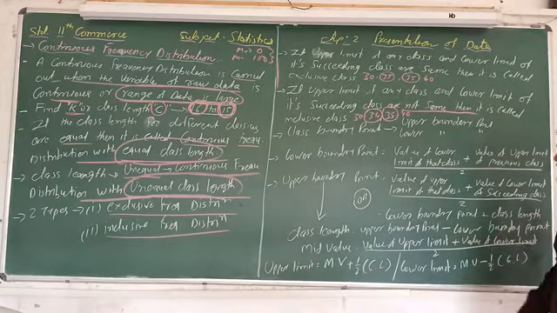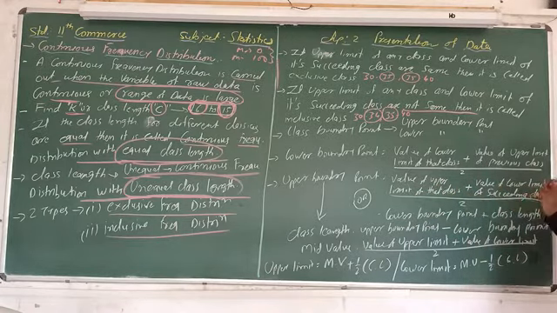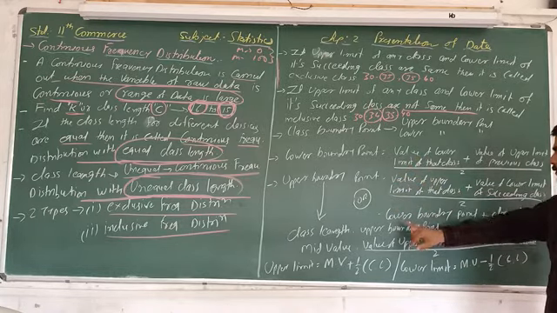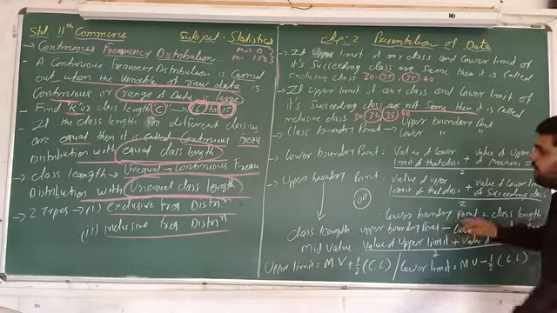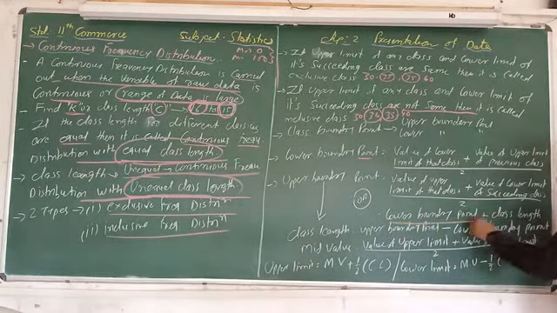For the upper boundary point: the value of the upper limit of that class plus the value of the lower limit of the succeeding class, divided by 2. Or another formula: upper boundary point equals lower boundary point plus class length.